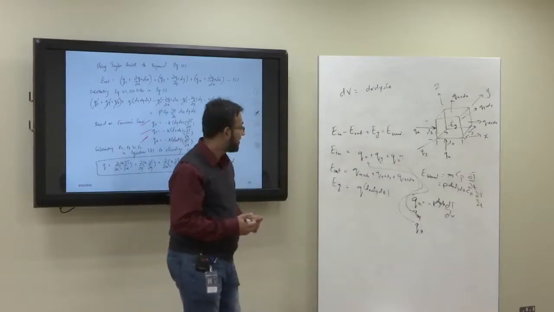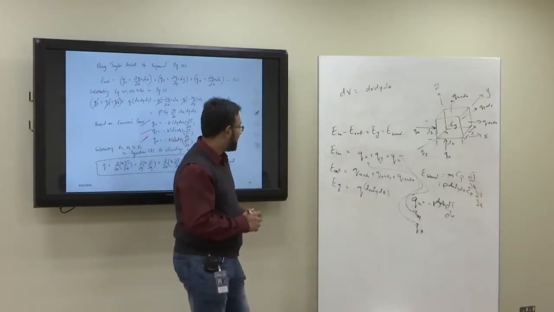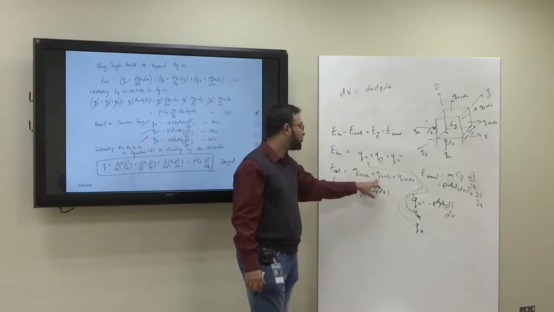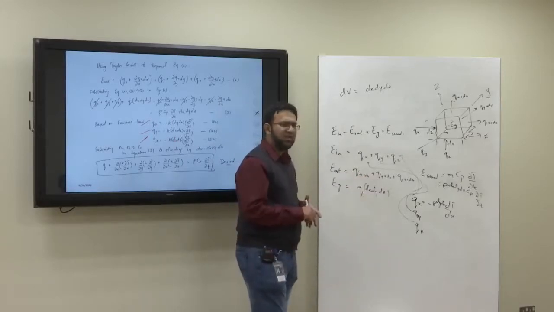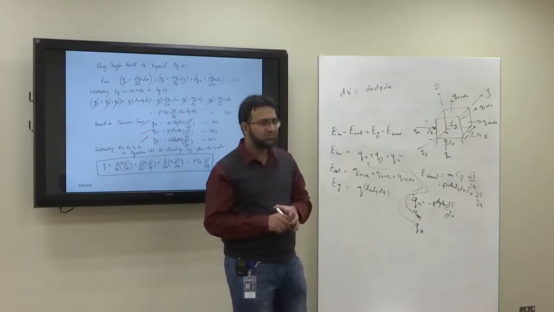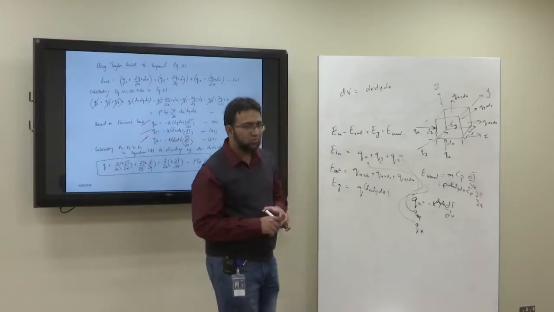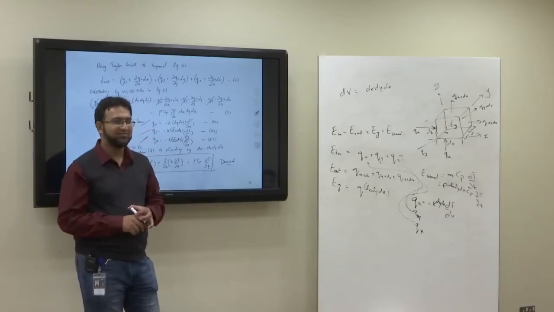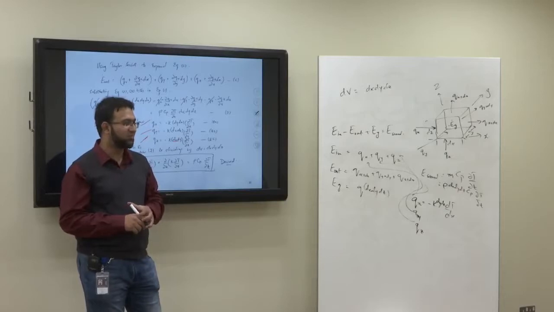And now we have this E out. E out is qx plus dx, qy plus dy, qz plus dz. Have you taken the course of linear algebra? So you know about the Fourier expansion?